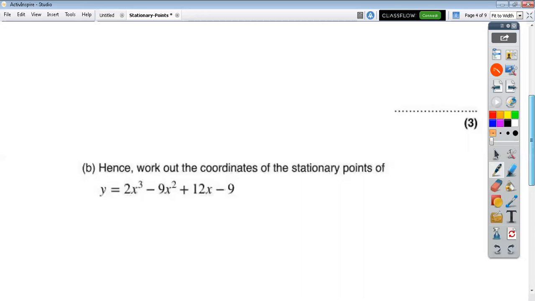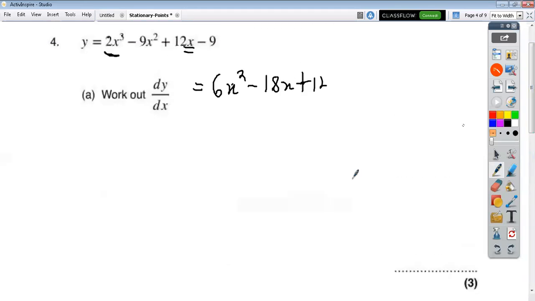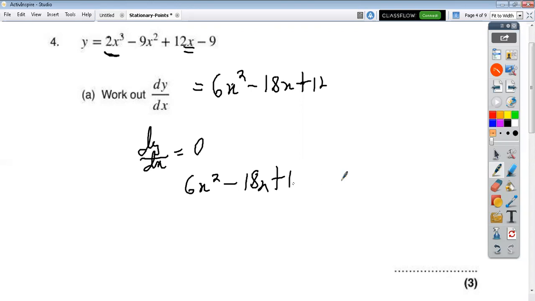Now to work out the coordinates of the turning points, it means dy over dx should be equal to 0. Now it means this whole thing needs to be equal to 0. So let's see how you do. If you're someone who is good in maths, you can see that 12 can go into everything. Divide everything by 12.